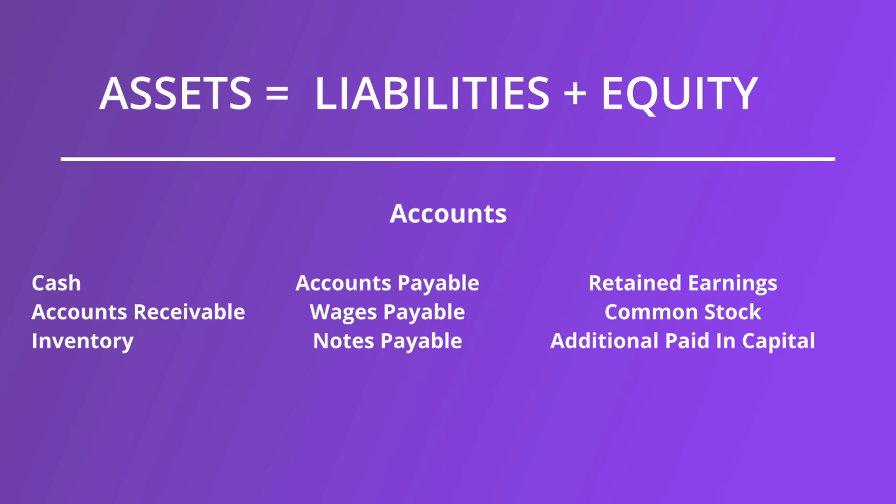A credit is going to increase accounts payable, and a debit is going to decrease accounts payable. This in turn will increase or decrease liabilities. It's the same thing for equity. That being said, I think it's easier to jump into the mnemonic now, and I'll show you exactly which ones are increased or decreased. Let's have a look.